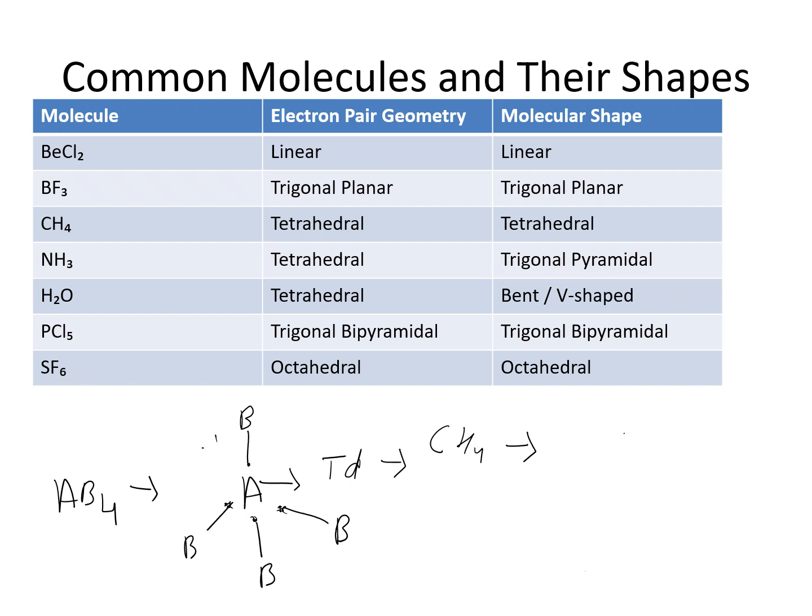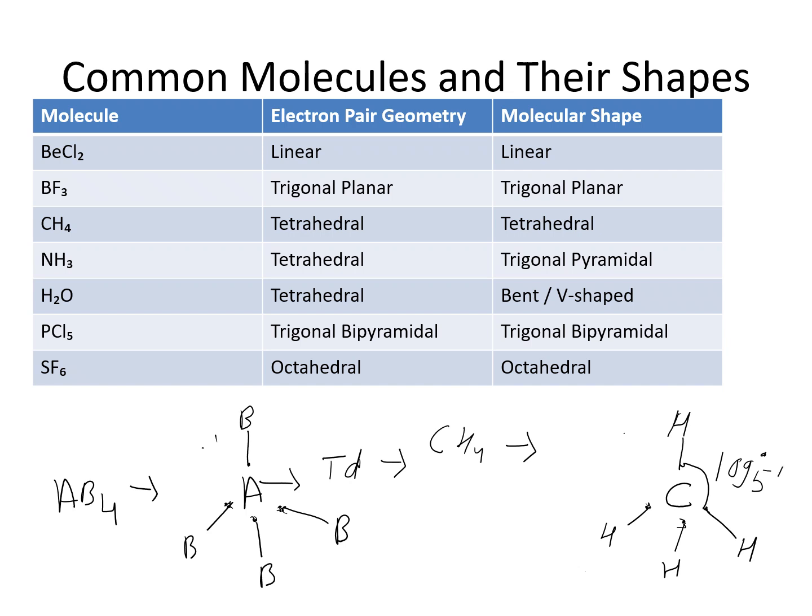How many valence shell electrons are present in a carbon atom? 4. So, carbon has 4 valence shell electrons. It bonds with 4 hydrogen atoms to complete its octet. And it will form tetrahedral geometry. They have an angle of 109 degrees 5 minutes.